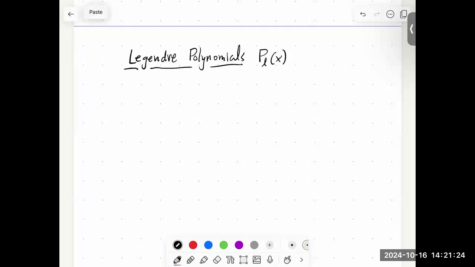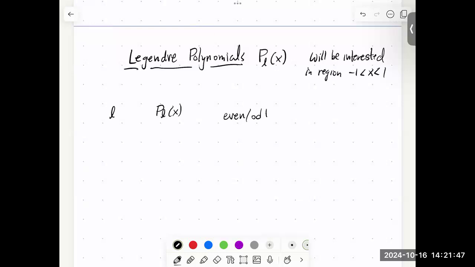I'll say right off the bat that we will be interested in the region -1 to +1. The first thing I'm going to do is write down the first few polynomials, and then we'll start figuring out some of their properties.